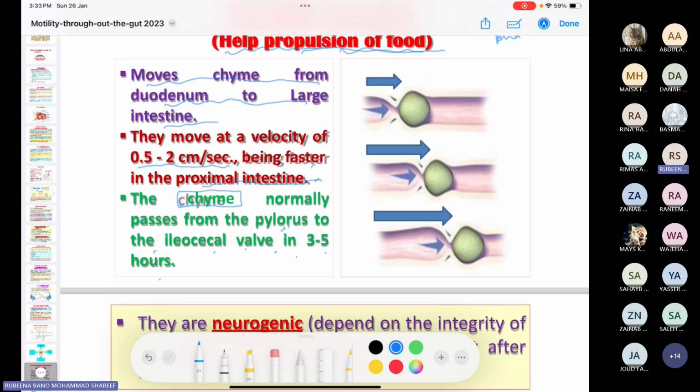So that becomes chyme. As I said, this is the pylorus of the stomach. From here to the ileocecal valve, the end of the small intestine, it takes 3 to 5 hours to reach.